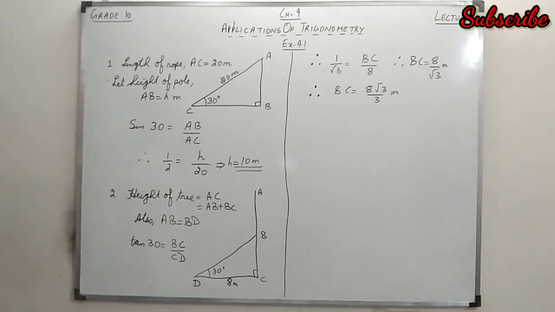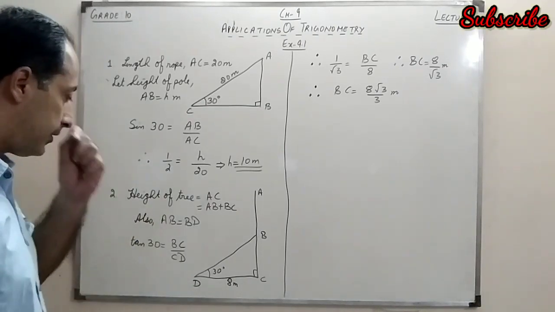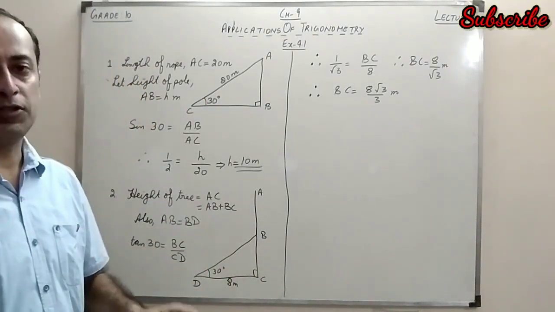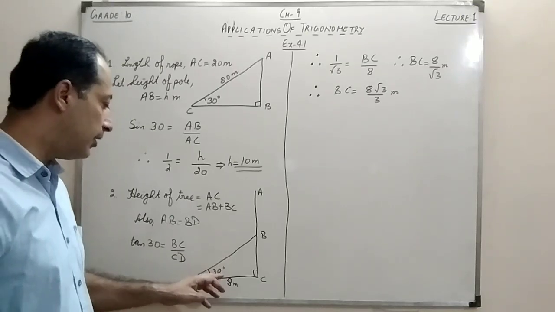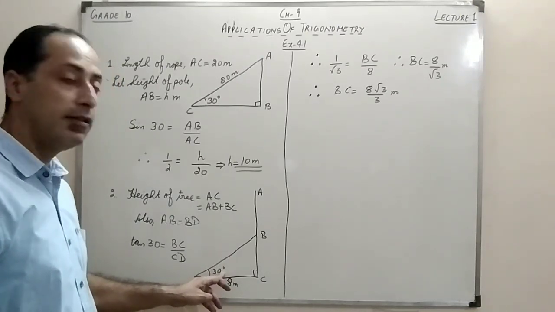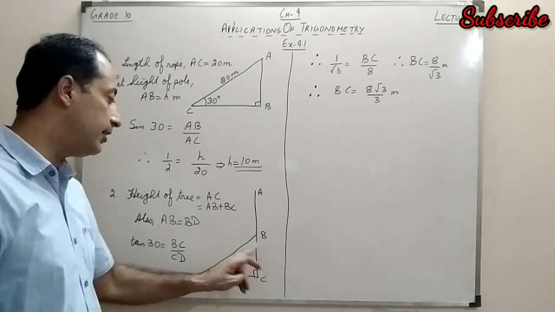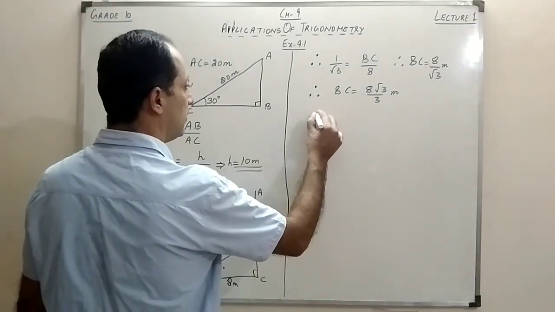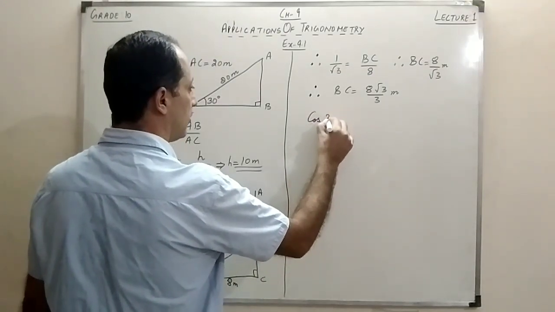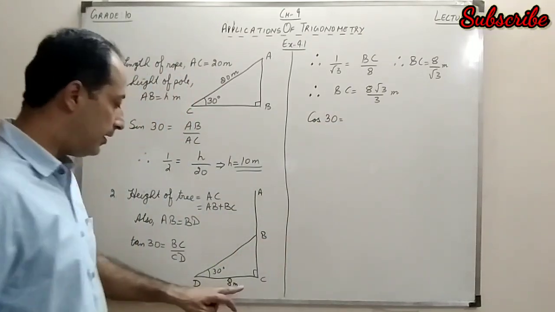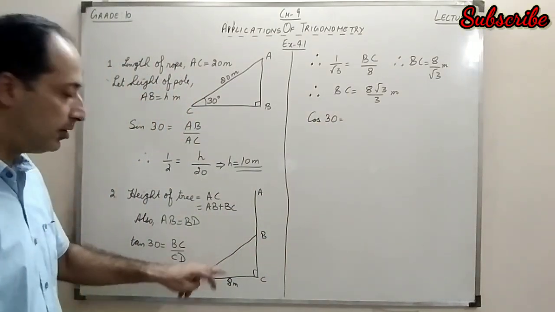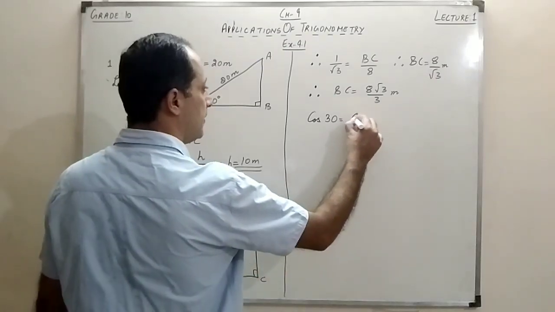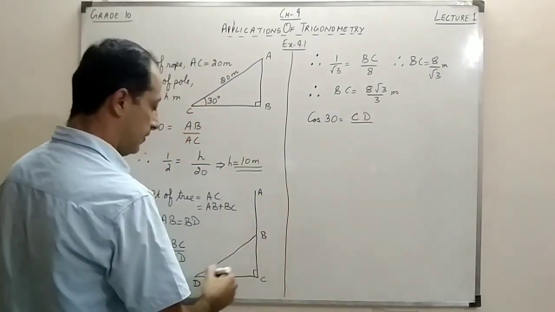Now the next thing, I have to find the value of the hypotenuse of this triangle, that is BD. So again, see, I have got BC also and DC also. It's my choice. According to this angle, I can take this side and this side, or I can take these two sides. So what we do, we take cos 30. Now cos is basically adjacent upon hypotenuse. So adjacent is CD upon BD.